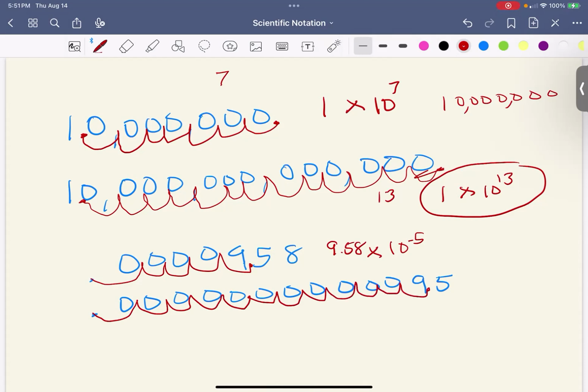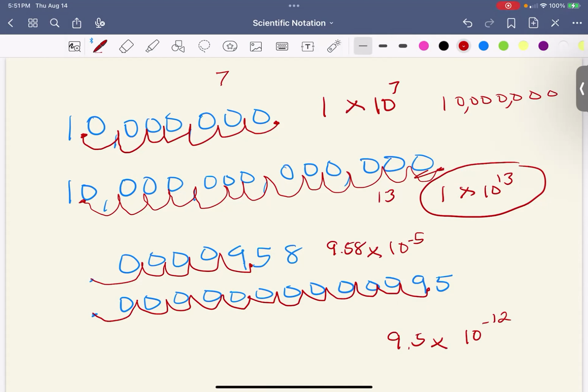So we move 12 times. So the exponent is going to be 10 to the negative 12. And then we write the remaining numbers. So 9.5 times 10 to the negative 12.